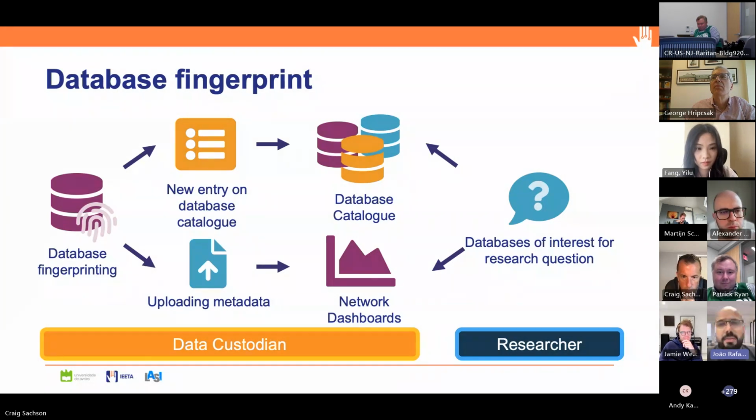In the next stage, we created what we call the network dashboards, in which we ask the data owners to upload a file that is very similar to the Achilles results, but with less information. It is an R package that we call catalog export. This extracts almost the same information as Achilles, but with less detail.